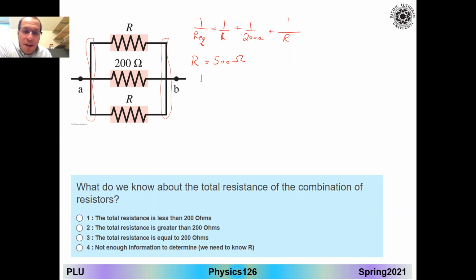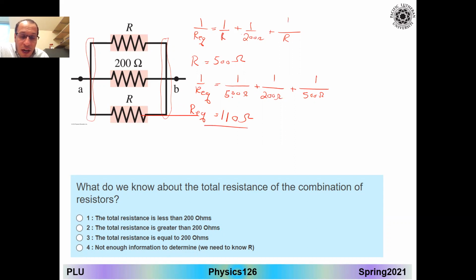So I end up with 1 over R equivalent, which will be 1 over 500 ohms plus 1 over 200 ohms plus 1 over 500 ohms. Now you can plug it into your calculations, find these fractions, then invert them to find your equivalent resistor. According to my calculation, if I did it right, this will be 110 ohms.